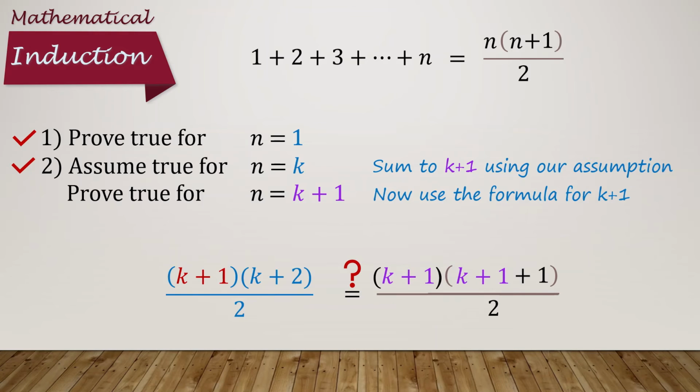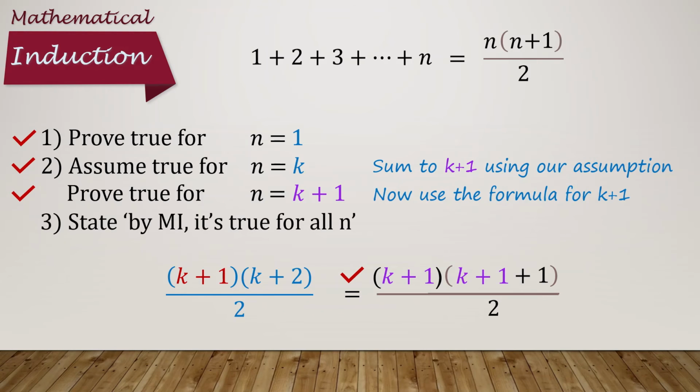There, now do those two results look the same, the left hand side and the right hand side? They do. It's true. So we've just proved that's true for k plus 1, assuming it's true for k. Now we simply state by mathematical induction it's true for all n.